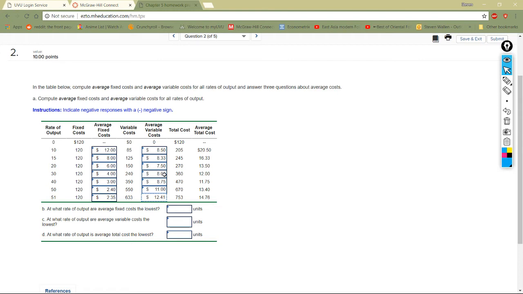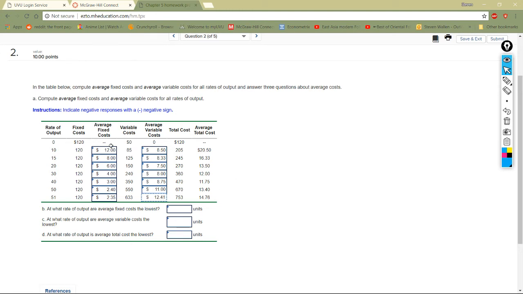Maybe there's things that are going on where it's no longer as efficient, and also maybe you're just running out of room for those people to be efficient in general as far as your factory, whether you're adding them in there and you're like, hey, we can get more done, but they're not as efficient as they used to be as far as adding in our variable inputs to produce more of these things. In fact, up here, it gets to be 12.41 on variable costs, okay?